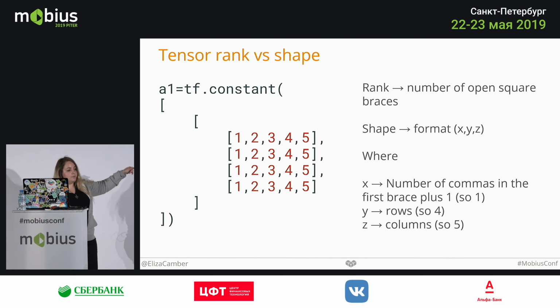So it's going to be 0 plus 1, it's 1. Then for the Z, you have the columns, which you can count there, it's 5. And then for the Y, sorry, it's the number of rows, so it's 4. So the shape of that will be 1.4.5.